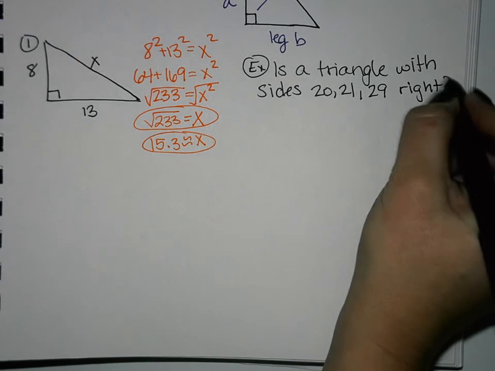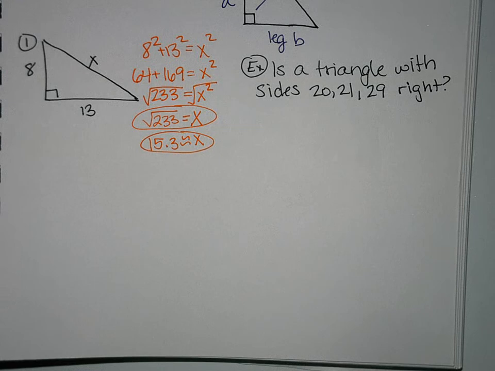In other words, is it a right triangle? So when you're trying to figure out whether or not something is a right triangle, it has to fit the Pythagorean theorem. So we're going to plug these numbers into the Pythagorean theorem to see if they actually give us an equal equation. So this is where knowing where the longest side goes is going to be important. So which one's the longest side?